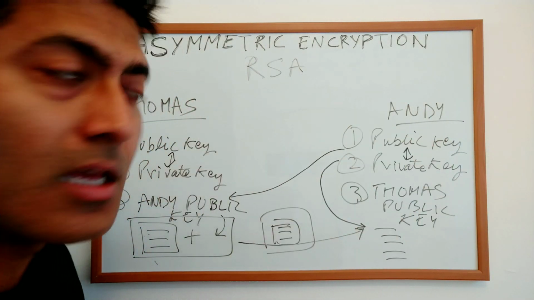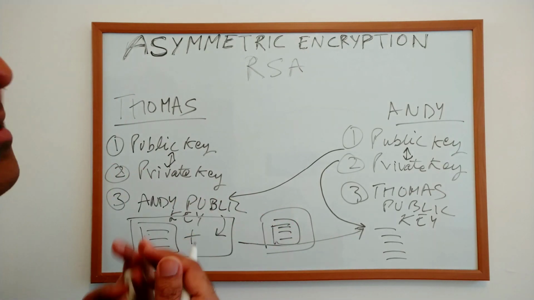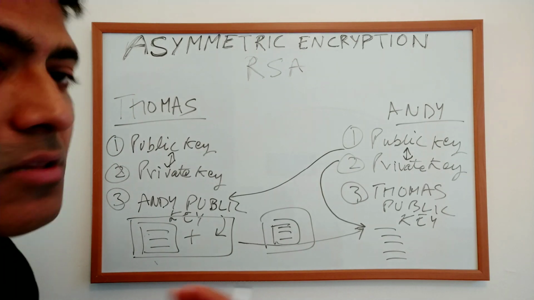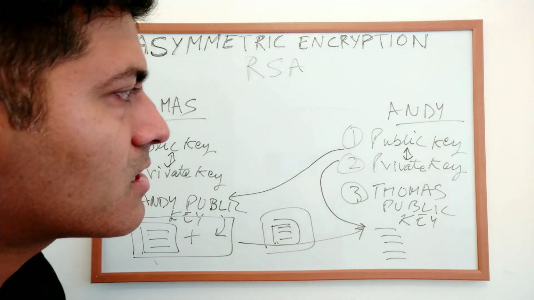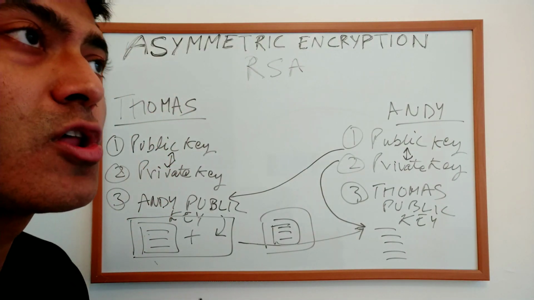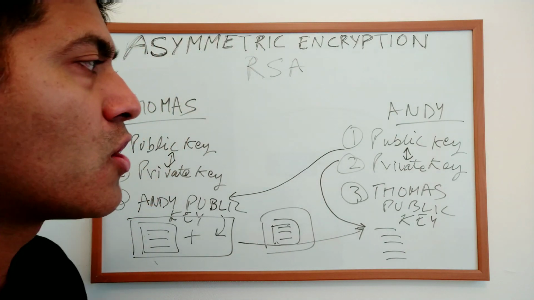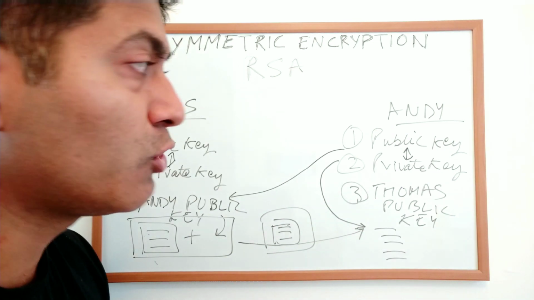So the good thing about this particular algorithm, or asymmetric encryption, is that you just need to exchange your public key, which is kind of safe, but to decrypt the message, you need your own private key, which was generated as a key pair with your public key, and they are always linked to each other.